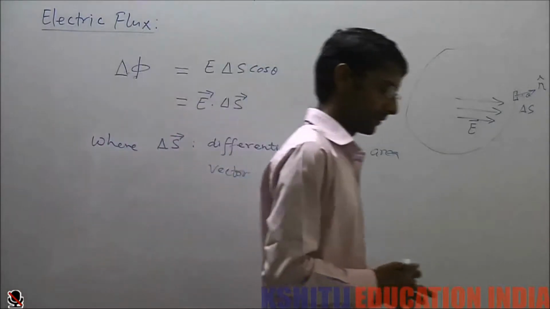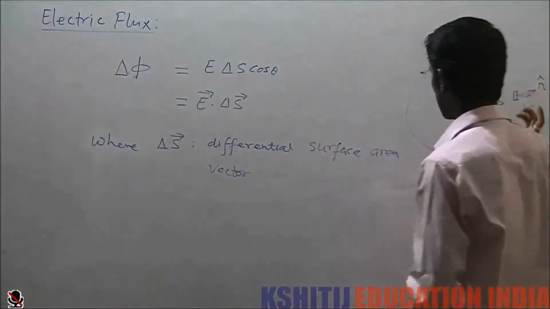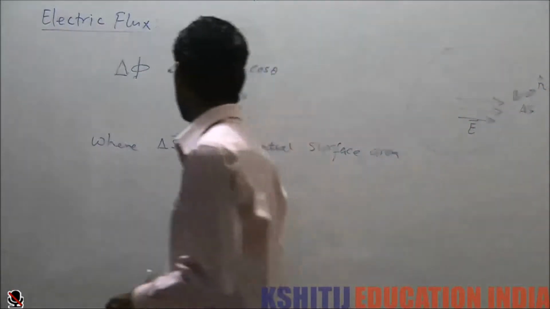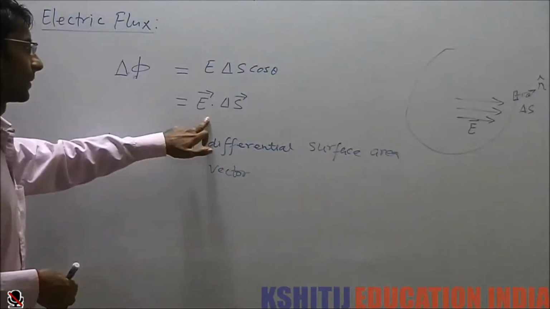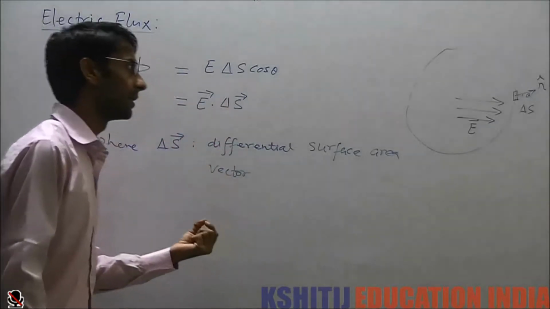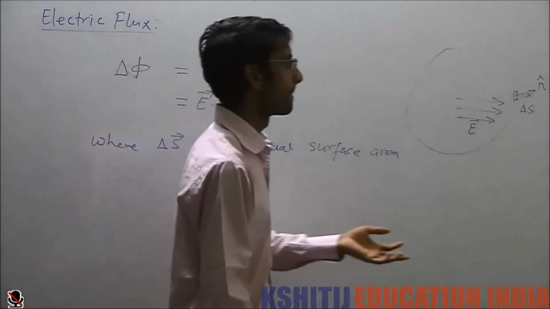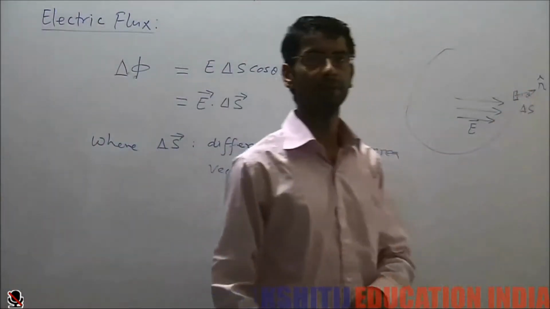So if a differential surface area vector we can draw on any given surface, the electric field will be known to us. The dot product of these two vectors will give us the electric flux, the differential electric flux passing through that differential area.